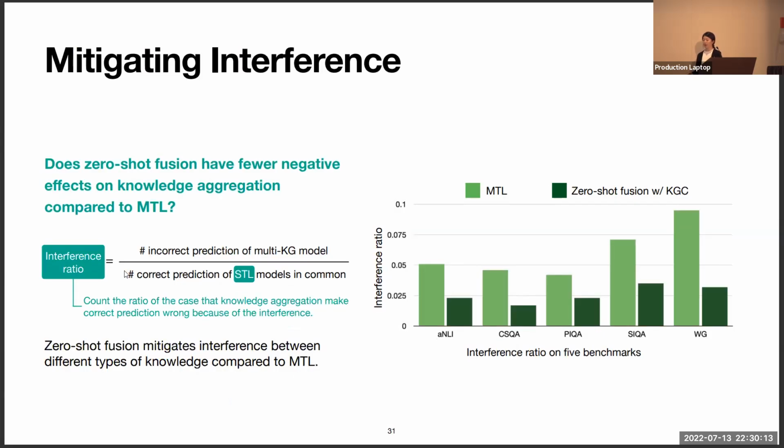Simply, we can say that the interference ratio counts the ratio of the cases where knowledge aggregation makes a correct prediction wrong because of the interference. As you can see in this graph, the zero-shot fusion mitigates interference between different types of knowledge compared to multitask learning.